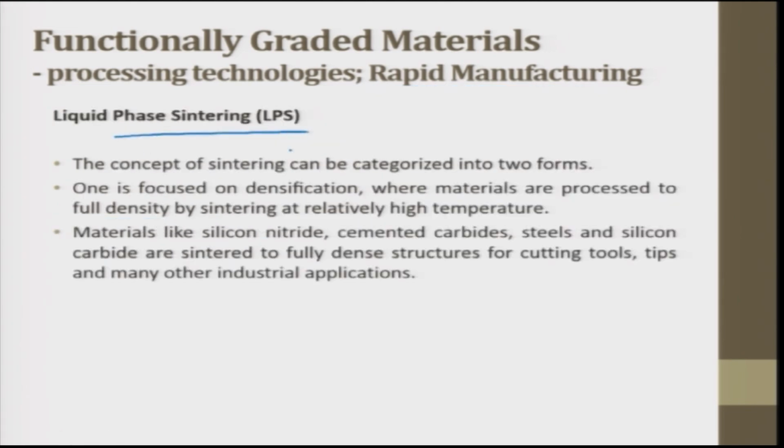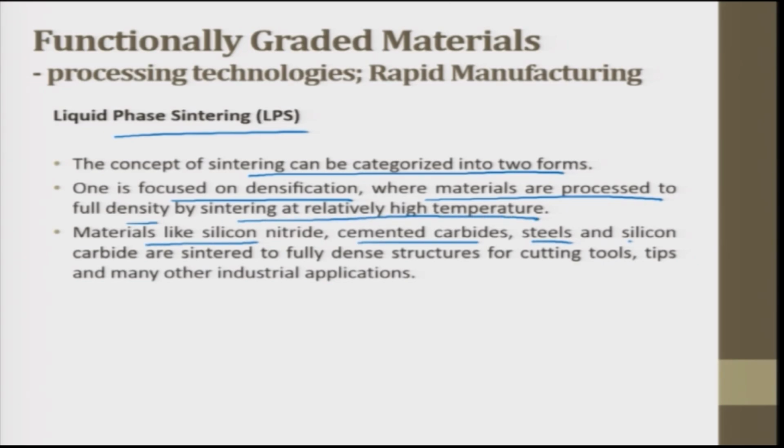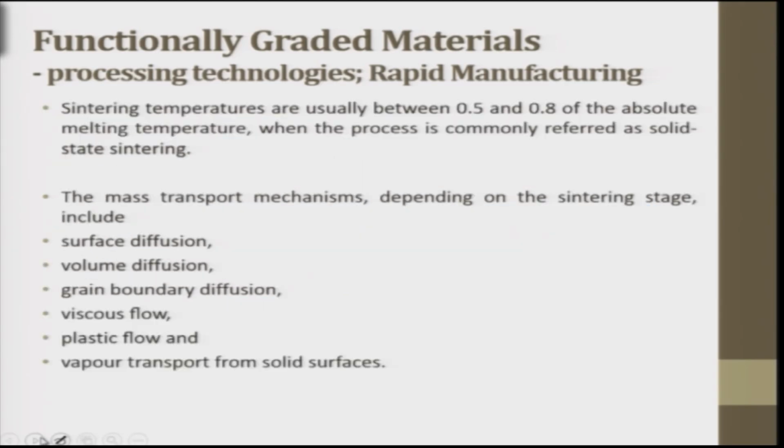In liquid phase sintering, just to recall, the concept of sintering can be categorized into two forms. One is focused on densification, where materials are processed to full density by sintering at a relatively high temperature. Materials such as silicon nitride, cemented carbides, steel and silicon carbide are sintered to fully dense structure for cutting tools, tips and many other industrial applications. There are certain factors or mechanisms that make the process different.